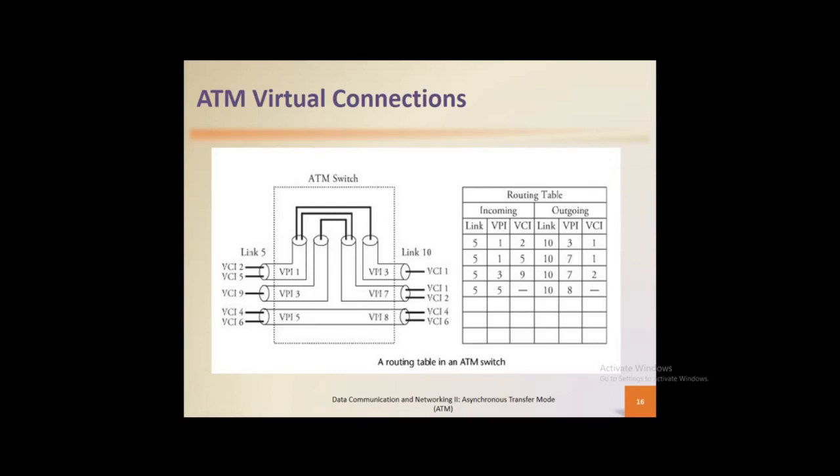In this case, virtual path interface 1 has two virtual channels, virtual channel 2 and virtual channel 5. For virtual path interface 3, we have only one channel coming through, channel 9. And for virtual path 5, we have two channels coming through, 4 and 6.